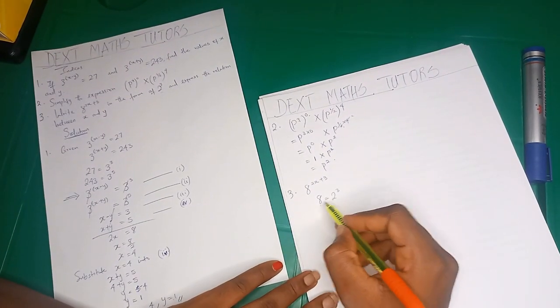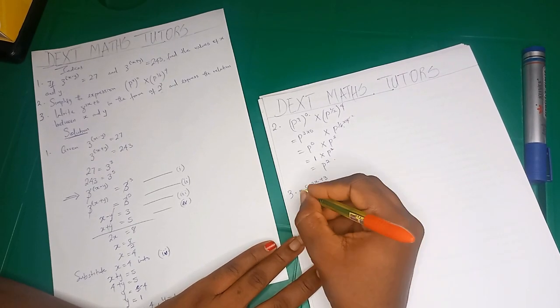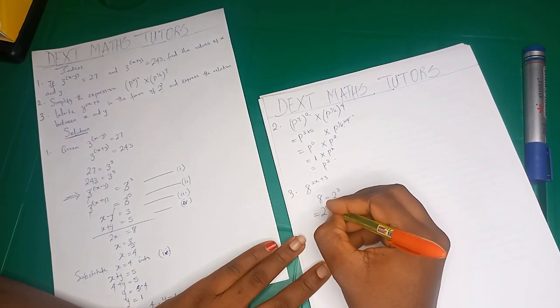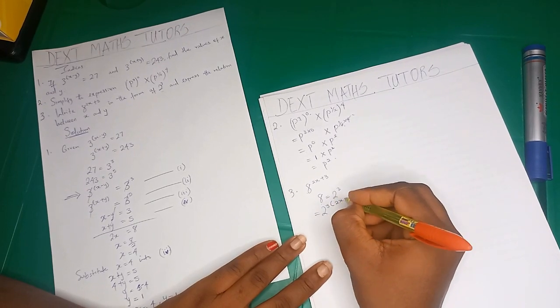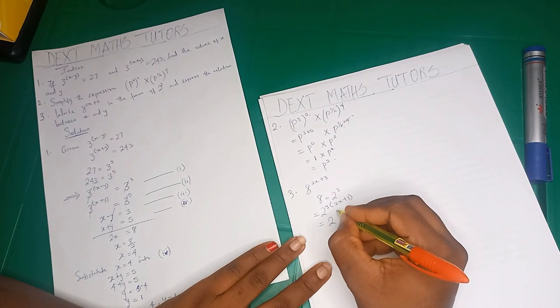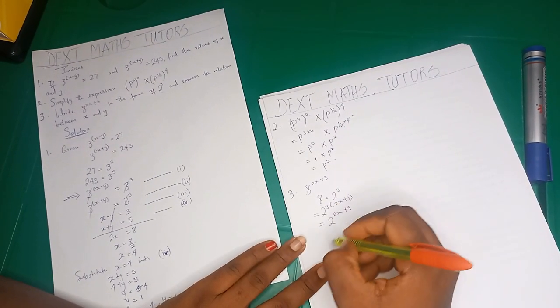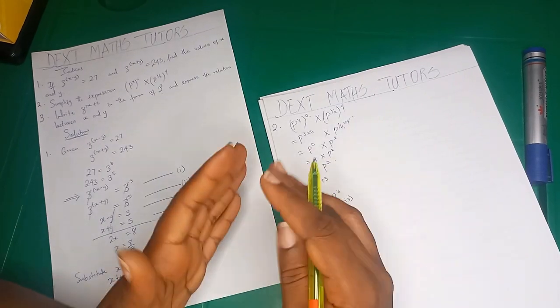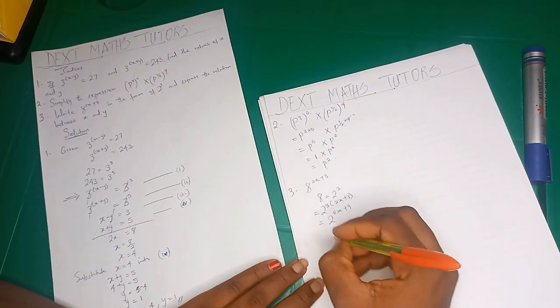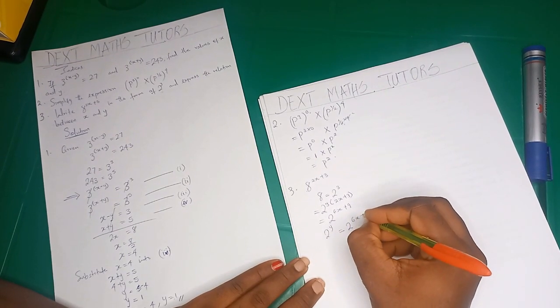Since 8 equals 2 raised to the power of 3, we can say that what we have here equals 2 raised to the power 3 into 2x plus 3, right? Then we simplify this to be 2 raised to the power 6x plus 9. We can relate it to 2 raised to the power y. So 2 raised to the power y equals 2 raised to the power of 6x plus 9.